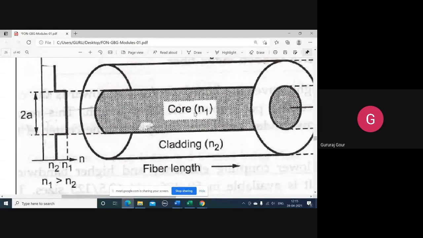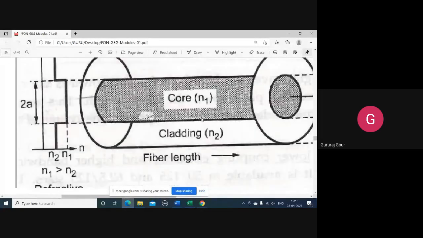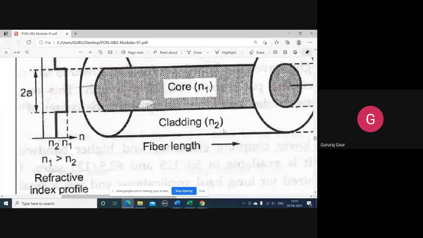As the core throughout its whole length is made up of a single type of material, its characteristics will remain the same from transmitter to receiver, and obviously its refractive index will also remain the same throughout the length of the core. Similarly, it is applicable to the refractive index N2, which remains the same throughout the length of the cladding.